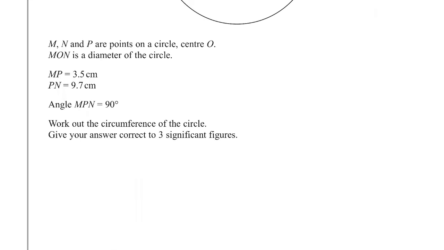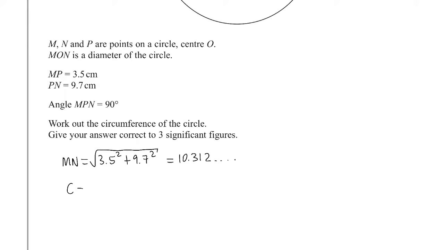So we'll start off by saying that MN is the square root of 3.5 squared plus 9.7 squared. So if we quickly do that, we will be getting a result of 10.312.